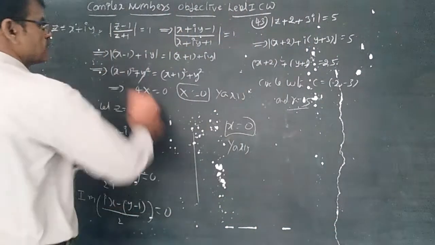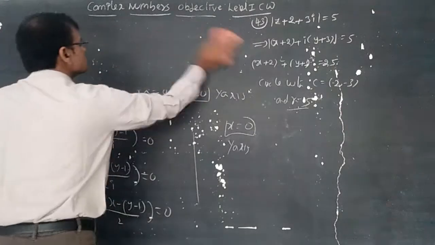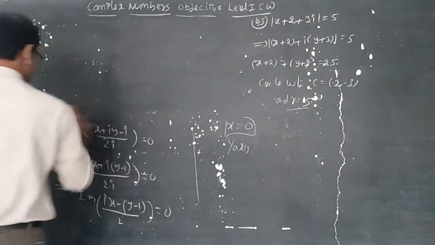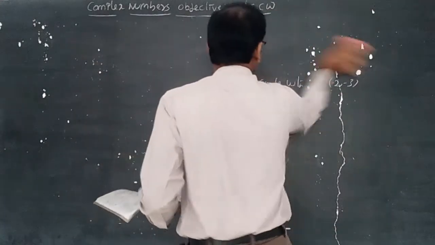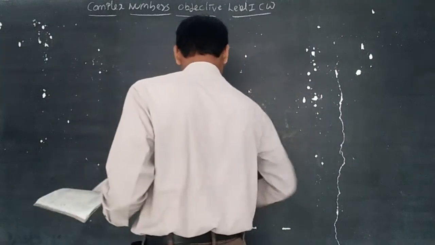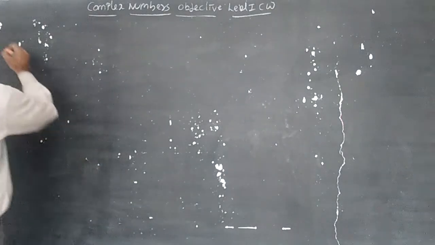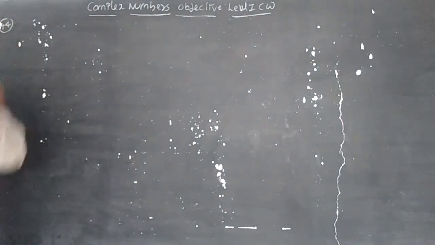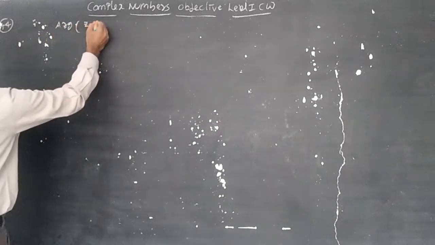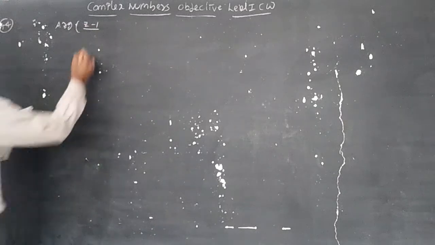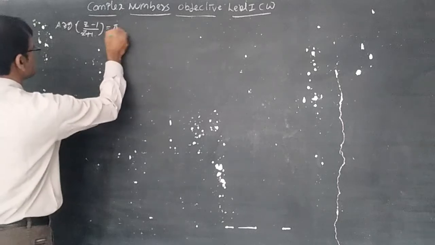Next, 44th question. Argument of (z minus 1) by (z plus 1) is equal to pi by 2.